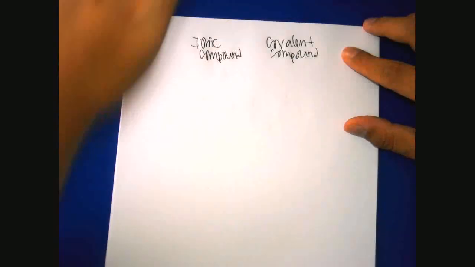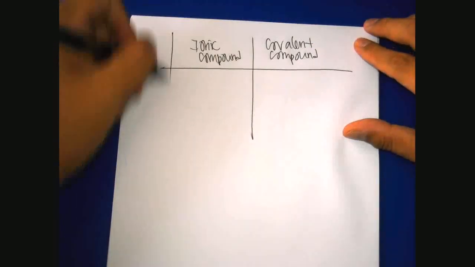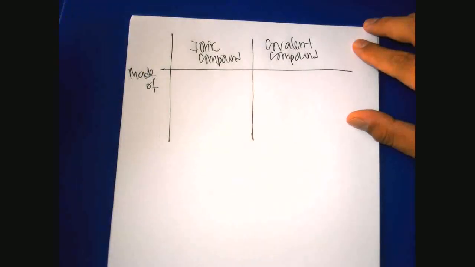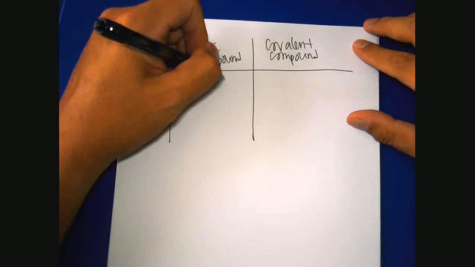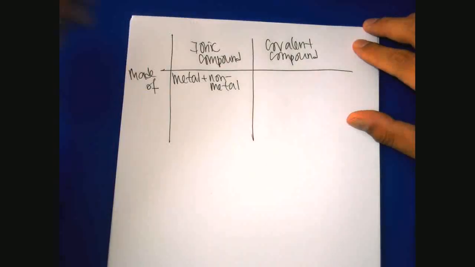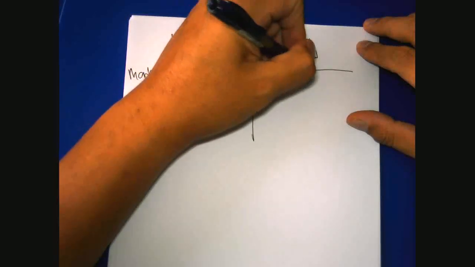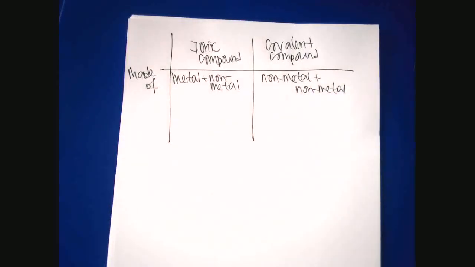So we have ionic compound and covalent compound. The first thing is that we can compare what they are made of. Ionic compound is made from metals combined with non-metals. Covalent compound is made from non-metals joining with non-metals. Alright, so this is something that we learn.